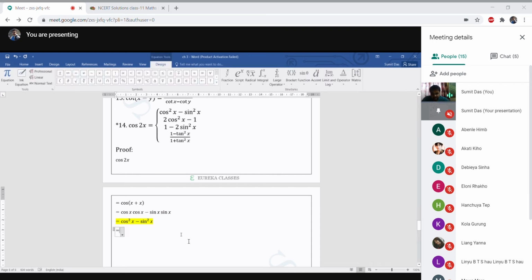Now for the second formula, I'm not doing anything with cos. Cos square x minus sin square x; I can write 1 minus cos square x for sin square x. Can I replace sin square x with 1 minus cos square x?